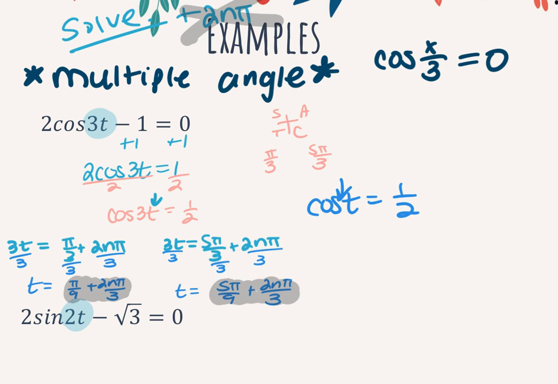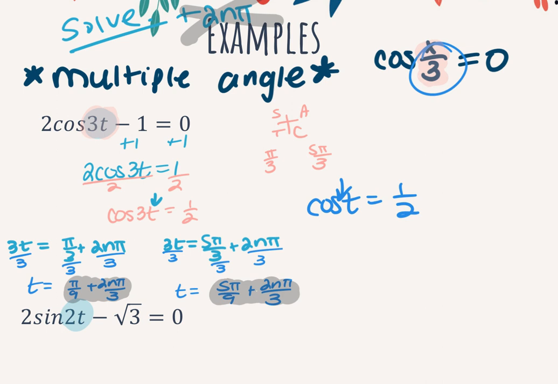What is the cosine x over 3 equals 0? That's also a multiple angle. If it's being multiplied by that variable, it's a multiple angle one, which is these weird ones. But also if it was divided by, at the end you would multiply instead of dividing.